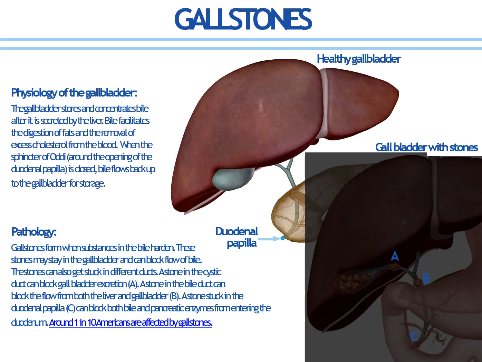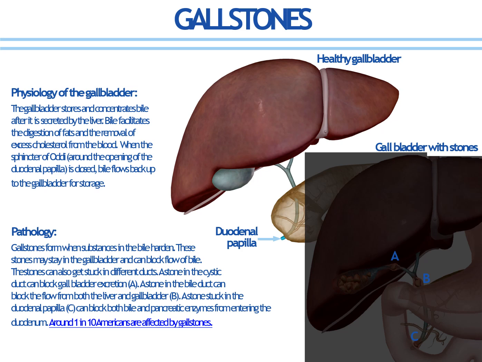When the sphincter of Oddi around the opening of the duodenal papilla is closed, bile flows back up to the gallbladder for storage.